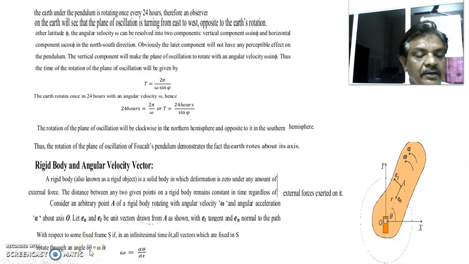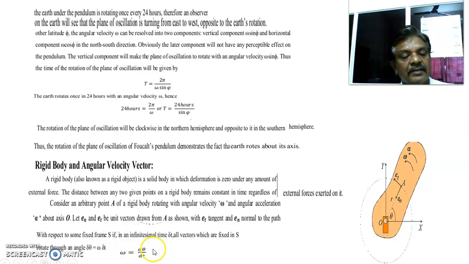Here d theta is the angular displacement, omega is the angular velocity, and dt is time. So angular displacement is equal to angular velocity into time. That is the equation, so omega is equal to d theta by dt. This is the angular velocity of the rigid body.